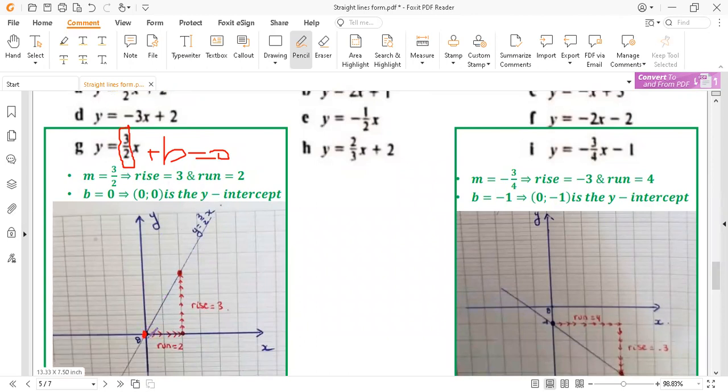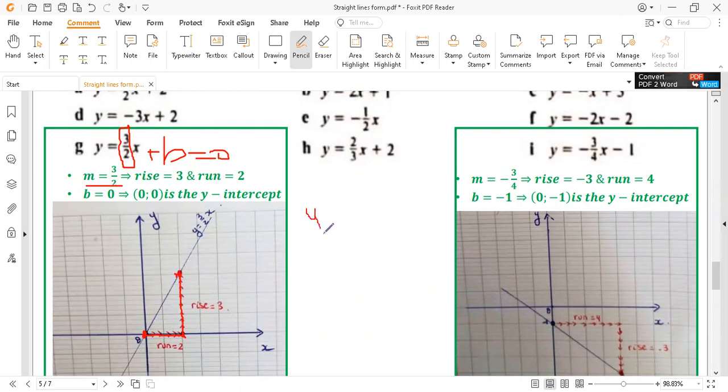When we have the first particular point, we can use the gradient as a rise and a run. We use the run first, which is 2, so we move 2 to the right and 3 up, to obtain the second particular point of this line, and we draw our line.